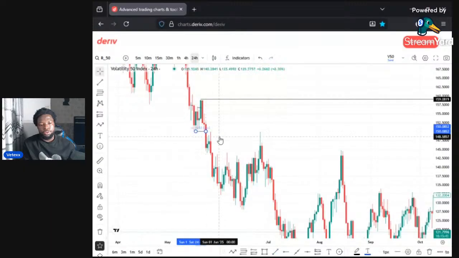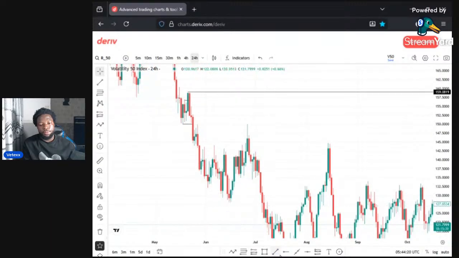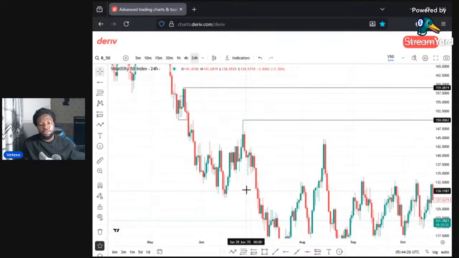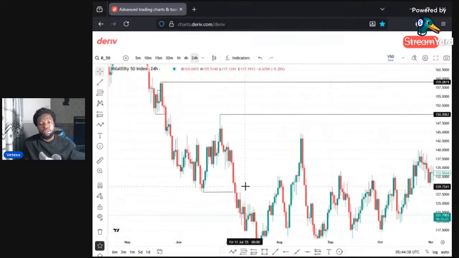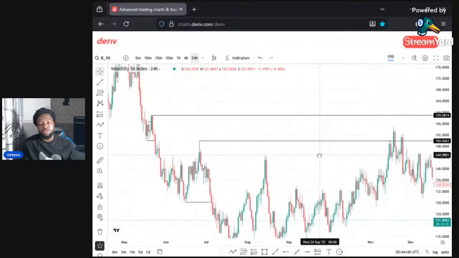And after that, we have this first break of structure. Price retraced 50% to give us our structural liquidity, which is this. From there, price returned to take out the newly created low, giving us our second break of structure, which is this. Then this zone becomes our point of interest.